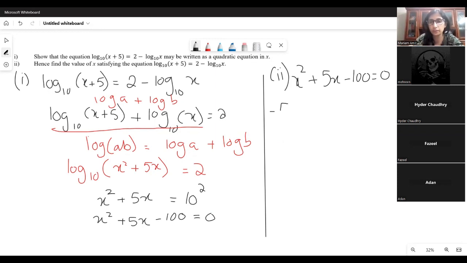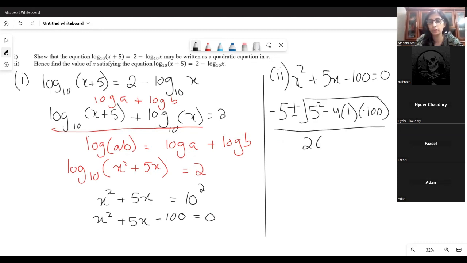So x equals minus b plus or minus the square root of b square minus 4ac, by 2a.